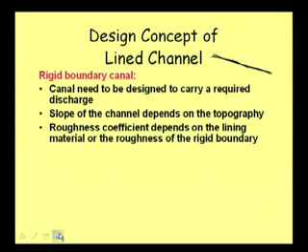Well, then another important point that we were discussing is that the roughness coefficient depends on the lining material or the roughness of the rigid boundary. So, we need to see what sort of lining we are providing, and based on that we will decide that, well, this is our roughness coefficient n.